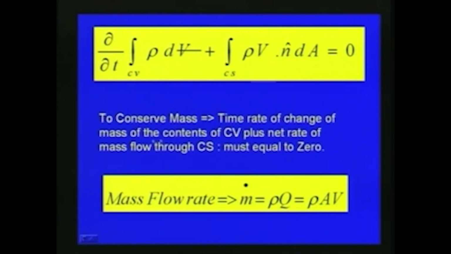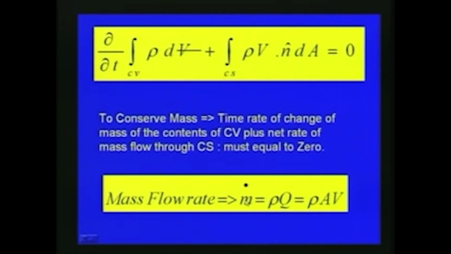That means, to conserve mass, the time rate of change of mass of the contents of the control volume plus the net rate of mass flow through the control surface must be equal to 0.